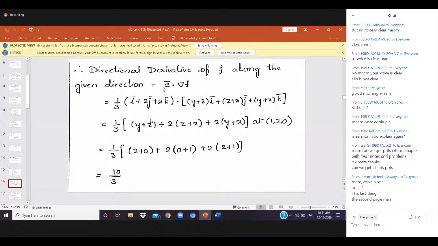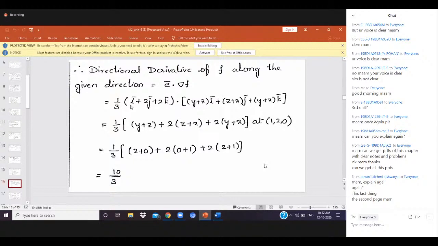So multiplying this, e bar dot del f. e bar is the unit vector in the direction of the given vector that we calculated, and for the scalar point function f we calculated its gradient. So i bar dot y plus z is y plus z, 2j dot z plus x is 2 into z plus x, plus 2k bar dot y plus x k bar equals 2 into y plus x.